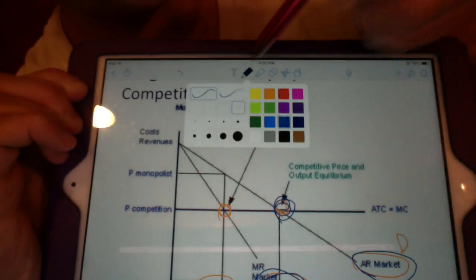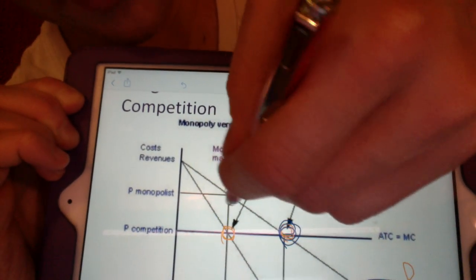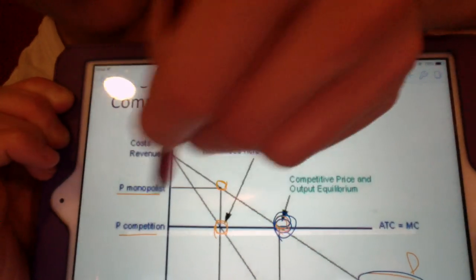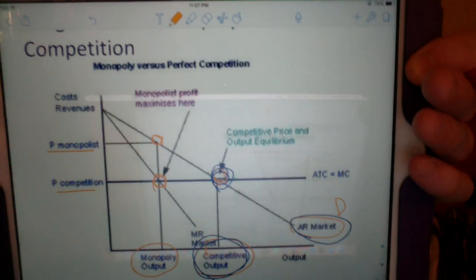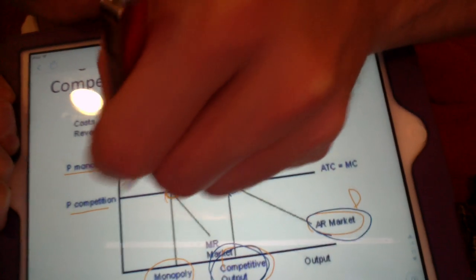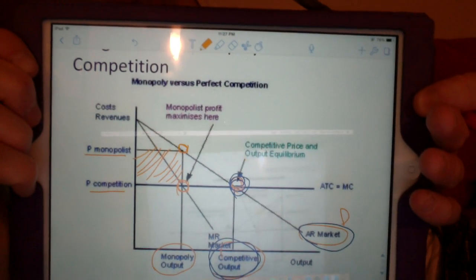Okay, so the monopolist is going to price their product here. This is the price for competition, because that's your average total cost. So what happens? We get some profit right here. Again, it's the difference between the average cost and the price. That's profit right there, the orange.